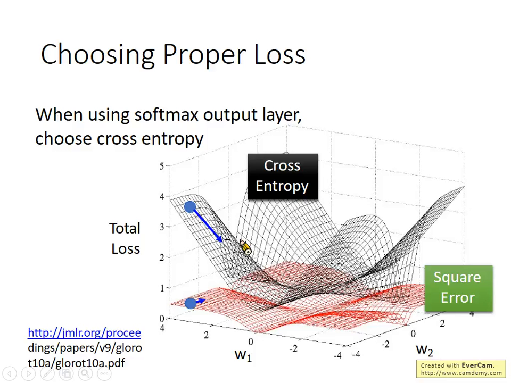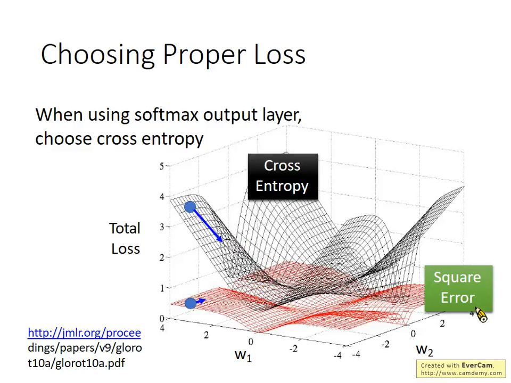And why does this work? Why does just changing the loss function change the performance a lot? That is from this paper. They show that when we choose different loss functions, actually the surface or the distribution of the loss function changes a lot.